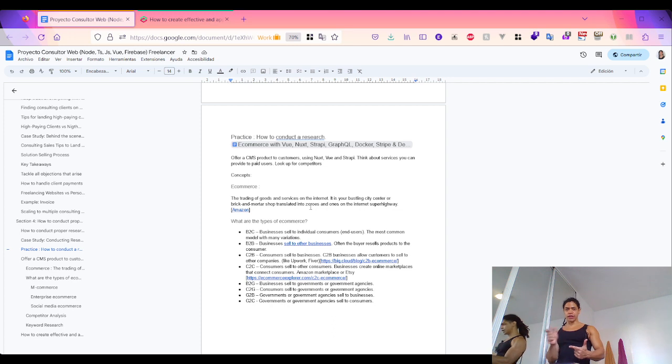Another way you can trade is business to business, where you have online marketplaces like Amazon Business, Alibaba, eBay Business, and EDI, Electronic Data Interchange, which is paperwork that was traditionally made on paper, like payroll or purchase orders.